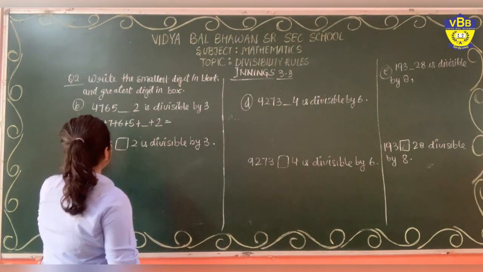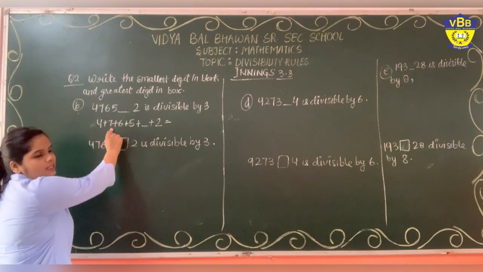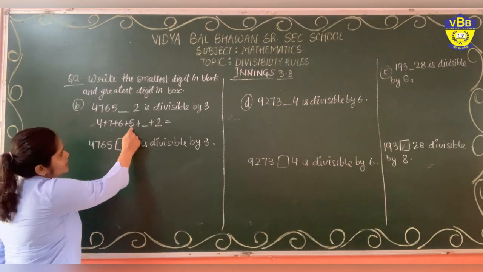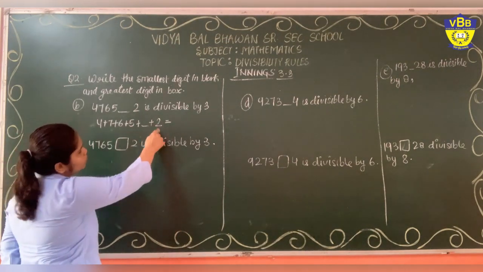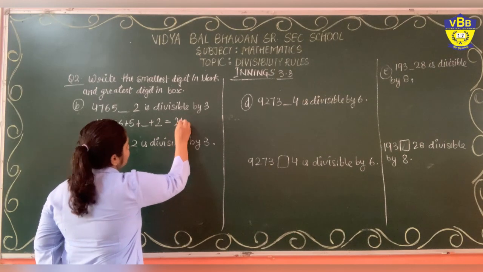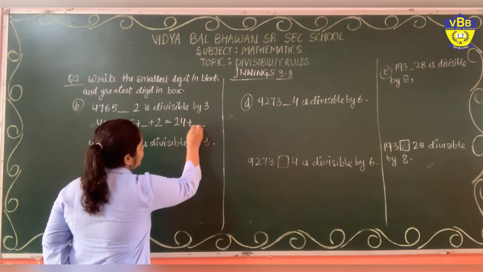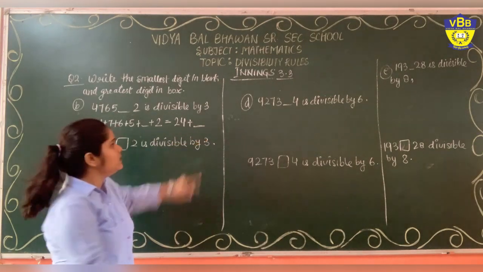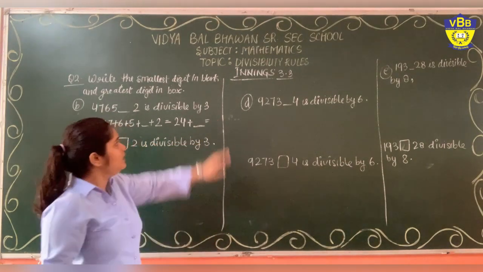Okay, do the sum here. 4 plus 7 is 11, 11 plus 6 is 17, 17 plus 5 is 22, 22 plus 2 is 24. So what should be added? What should be the smallest single digit number added here so that the sum becomes divisible by 3?